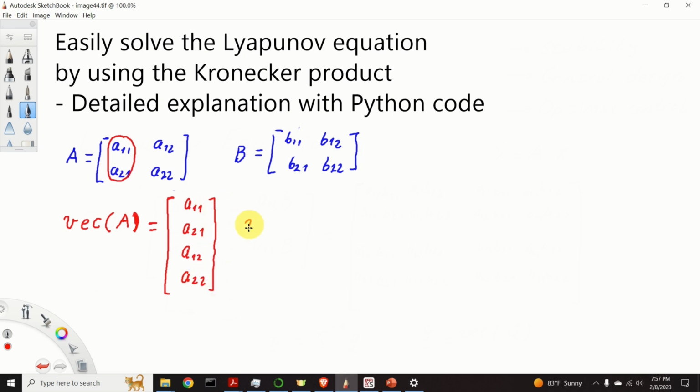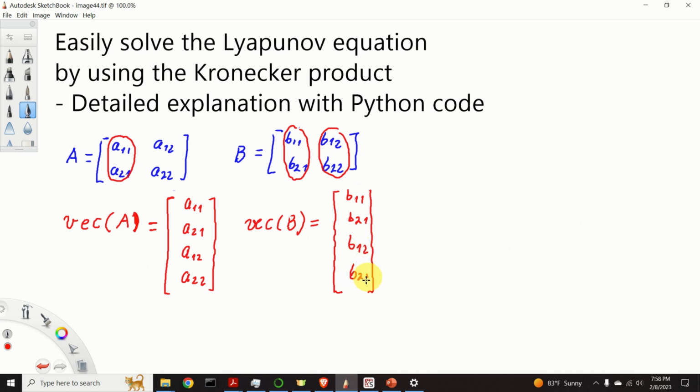How about vec B? Vec B is a vector obtained by stacking the columns of the matrix B column-wise. We take the first column, and here it is, B11, B21. Then we take the second column, and we have B12, B22.